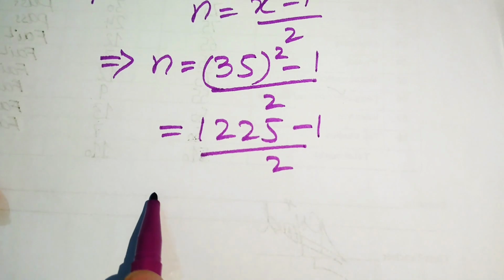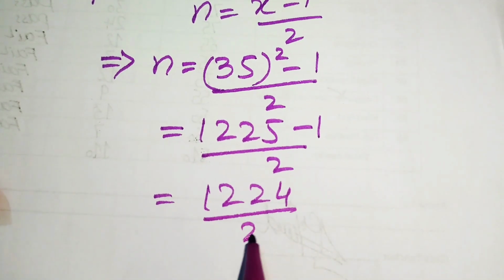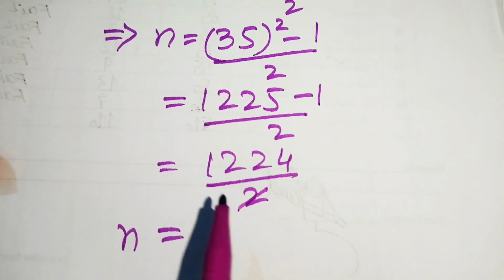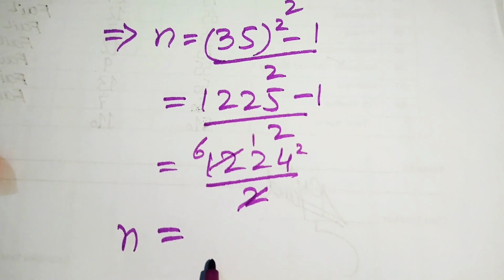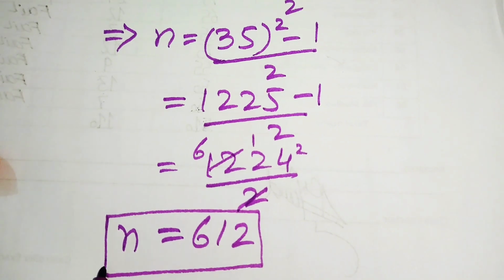So 1225 minus 1 equals 1224, divided by 2. Here you easily get the value of n: 2 6s are 12, 2 1s are 2, and 2 2s are 4, so you get 612. This is the value of n.